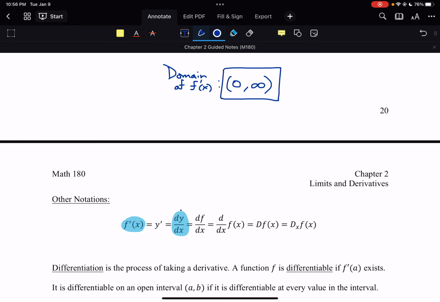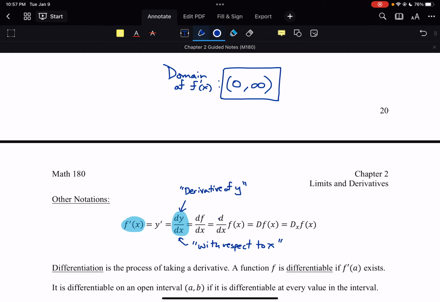The way that this one reads, so dy dx, it reads like derivative of y, so that's the dy, and then with respect to x. So the dx on the bottom here is telling us what the variable is within the function, just like this one does with f prime of x.